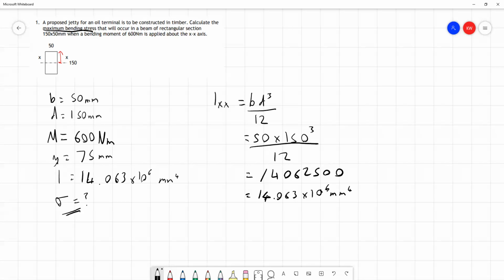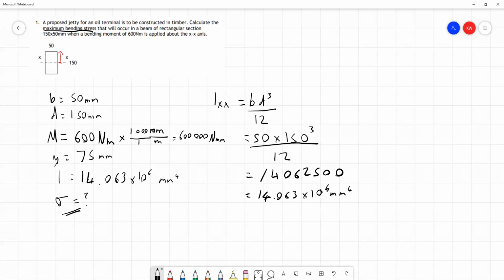We want it in millimeters, and we want rid of meters, so we multiply by 1,000 over 1. So this will be 600,000 Newton millimeters. This is important because when we do our calculation for the bending stress, everything needs to be in millimeters and newtons, so that we get an answer in newtons per millimeter squared.